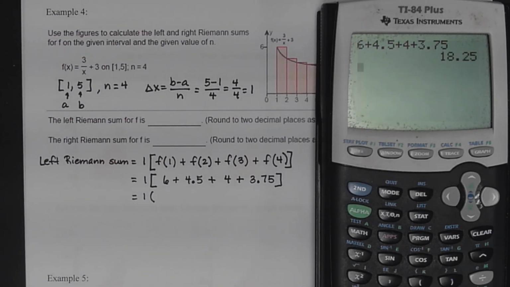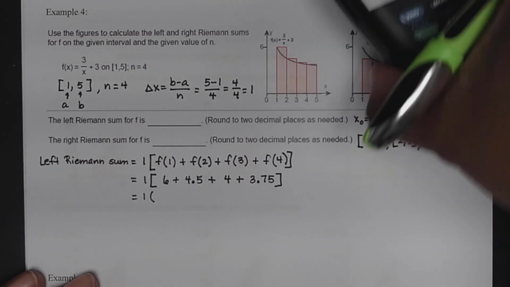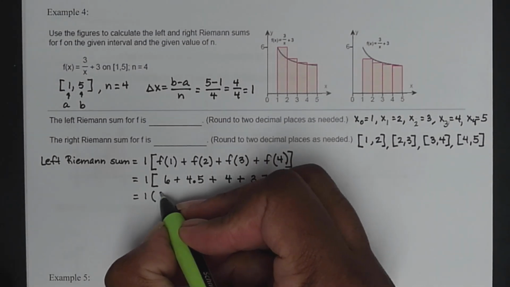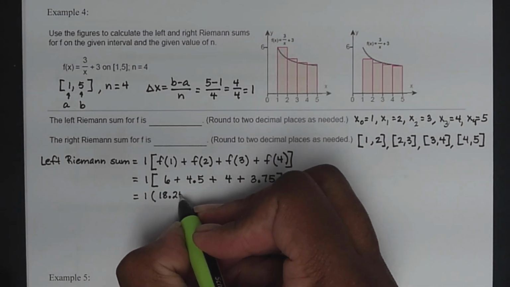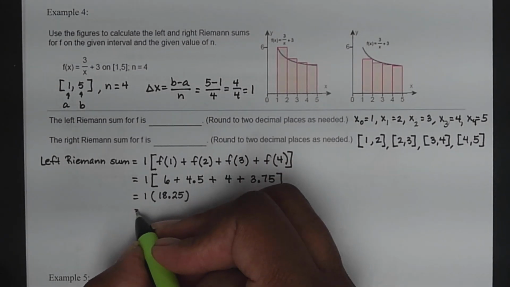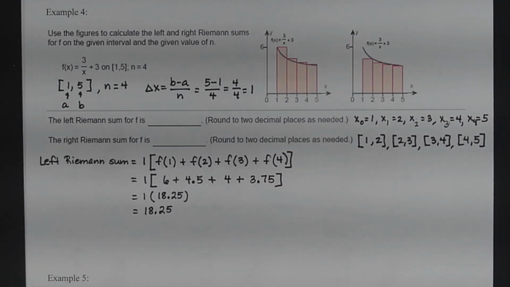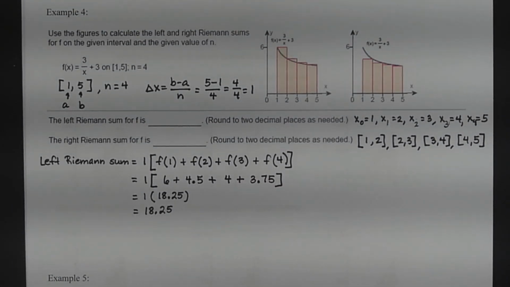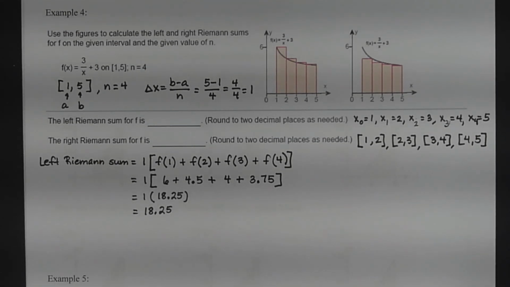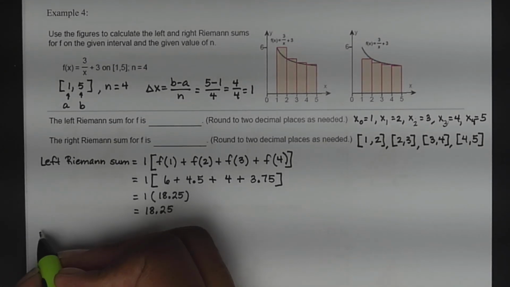And that's all going to be multiplied by 1. You'll get 18.25. And 1 times 18.25 is 18.25. So my left Riemann sum will be 18.25.